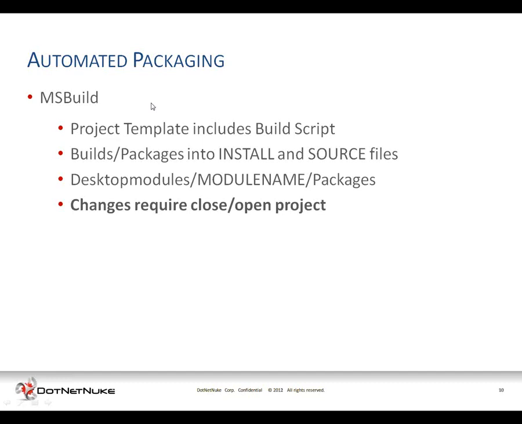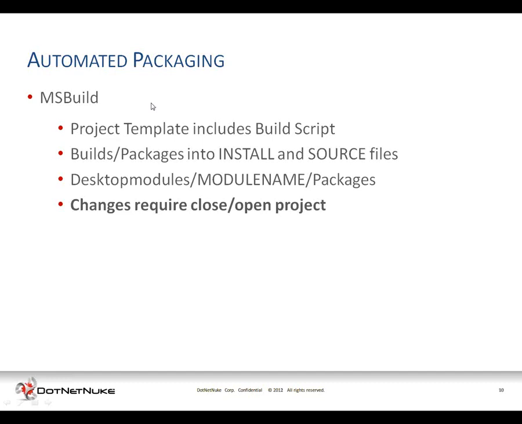Out of the box, the way this template works is when we package the module, it's going to create two different zip files. One zip file will be called install, and one will be called source. So the install is intended for installing in your production environment. It will have a DLL, it will have the ASCX files, and it will have the CSS files for your module.